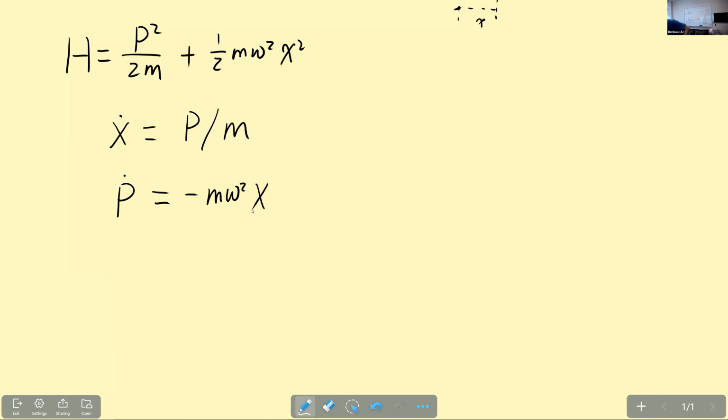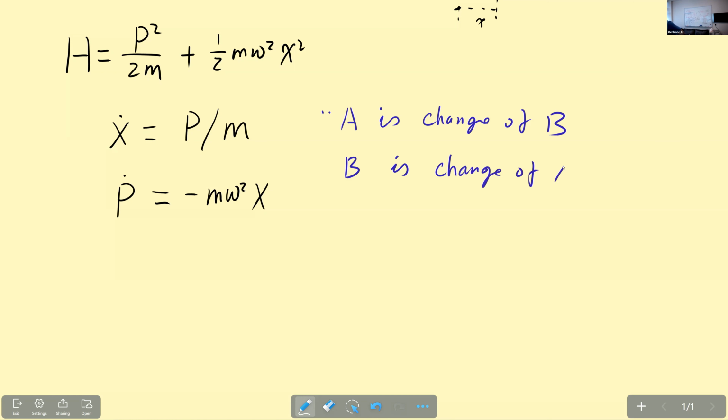Roughly, this states that A is the change of B, and B is the change of A. Of course, this is just loosely speaking. So if you change the position, that will cause a change in the momentum, or if you change the momentum, that will cause a change in the position.